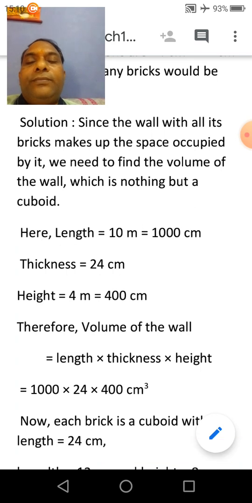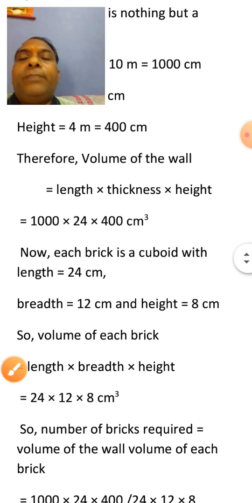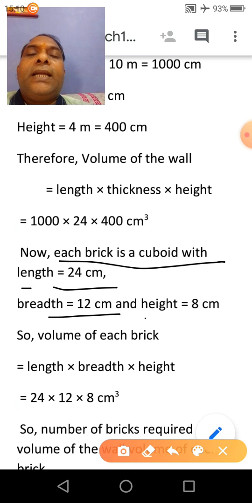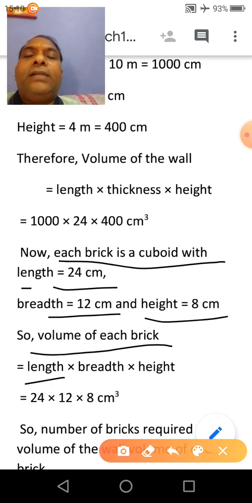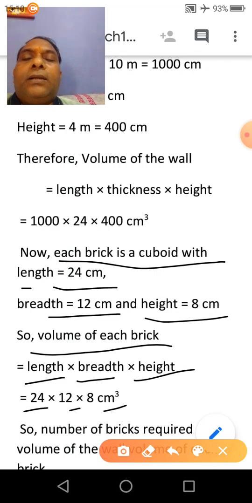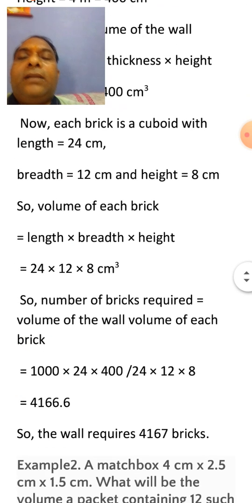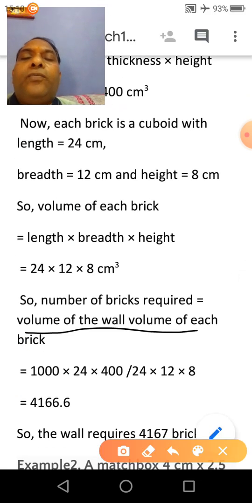Now for the bricks, each brick is a cuboid with length L equal to 24 centimeter, breadth equal to 12 centimeter and height equal to 8 centimeter, given. The volume of each brick is length into breadth into height. Clear? So number of bricks required is equal to volume of the wall upon volume of each brick.